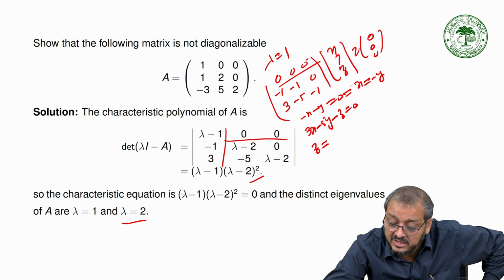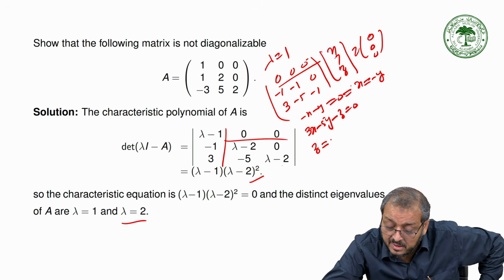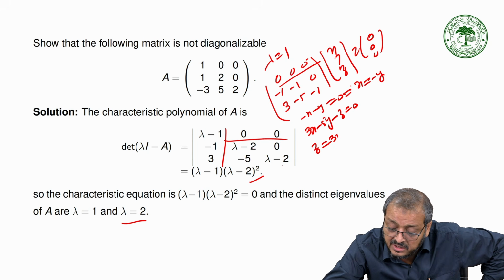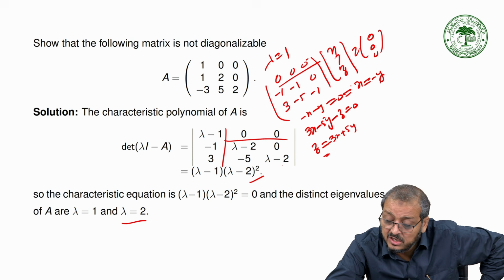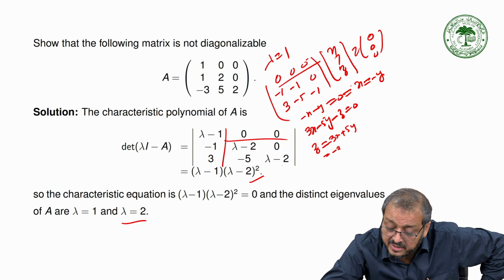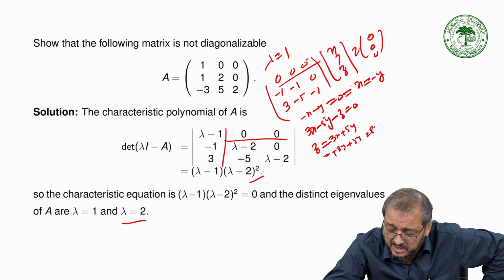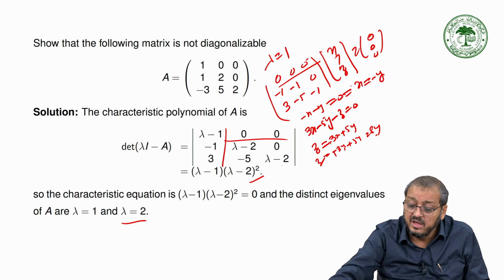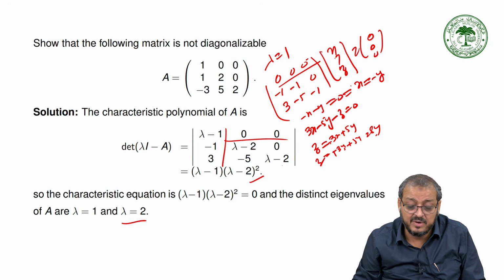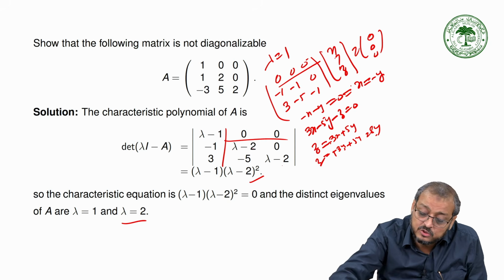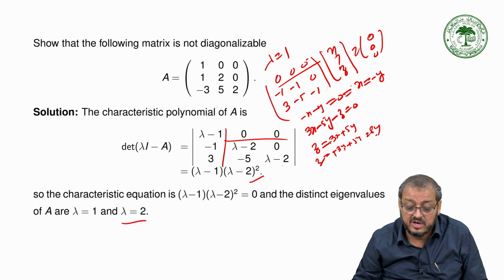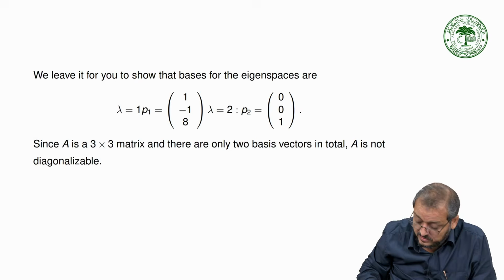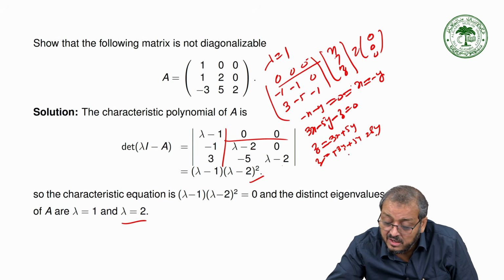So z is equal to 3x minus 5y, and with x equal to minus y, we have minus 3y minus 5y, which is minus 8y. So z is equal to minus 8y. We have 3 variables and 2 equations, so one of the variables is a free variable.